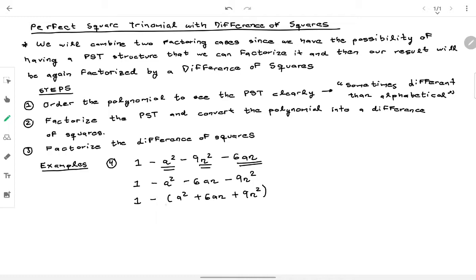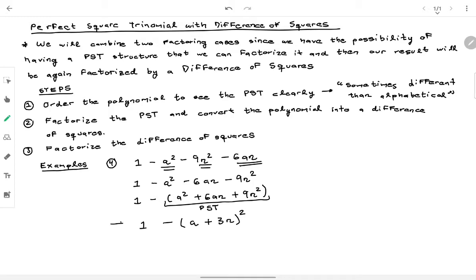So now we can factorize this as a perfect square trinomial, because the first one has a specific square root that is a. The third one has a specific square root that is 3n. If I multiply those times 2, I will get the 6an. So my answer is going to be 1 minus parentheses a plus 3n, all of it squared.